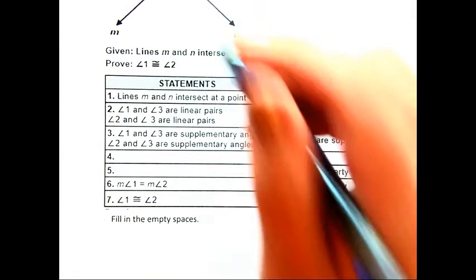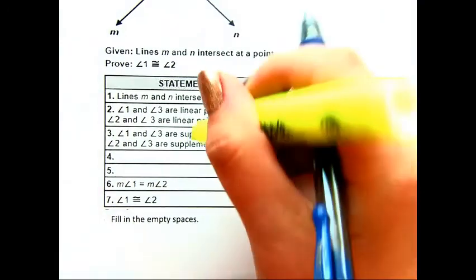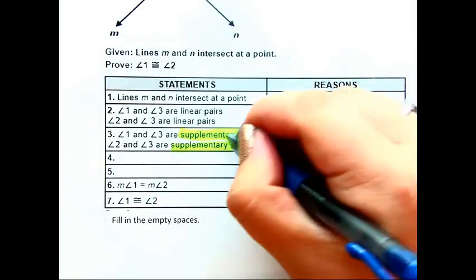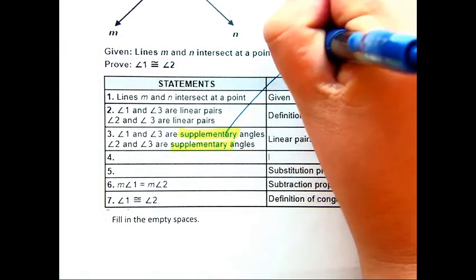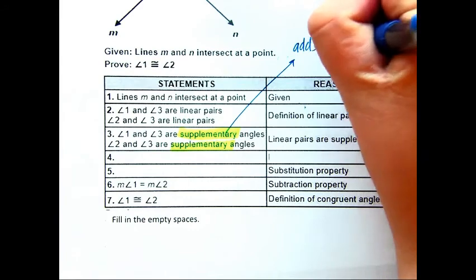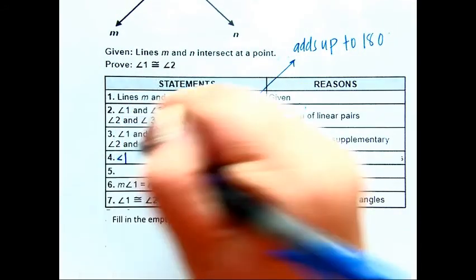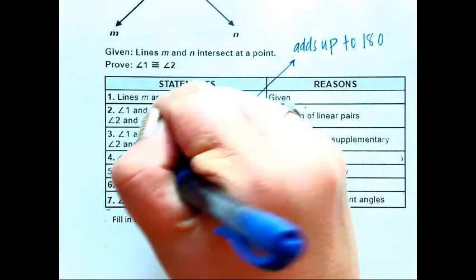But what does this word supplementary mean? Supplementary means it adds up to 180 degrees when we add those two angles together. So in this line here, we're going to say angle 1 plus angle 3.